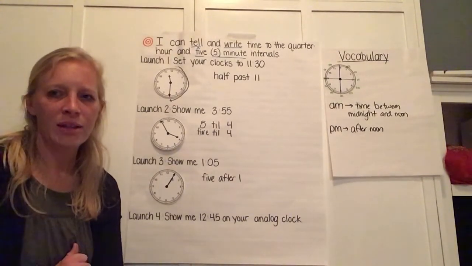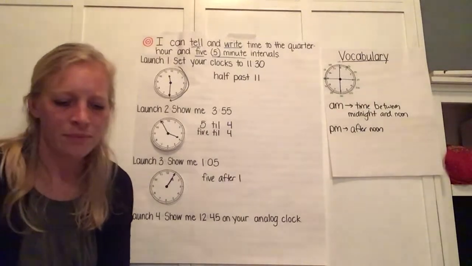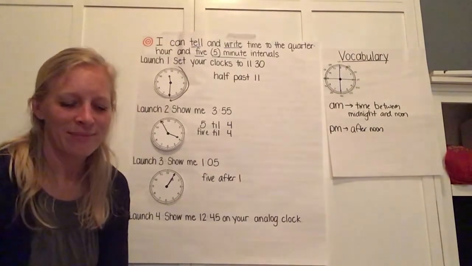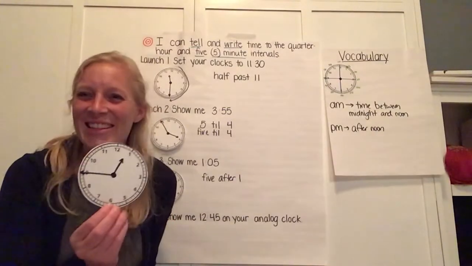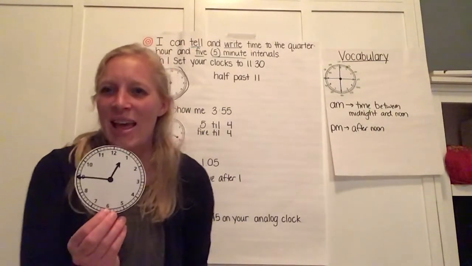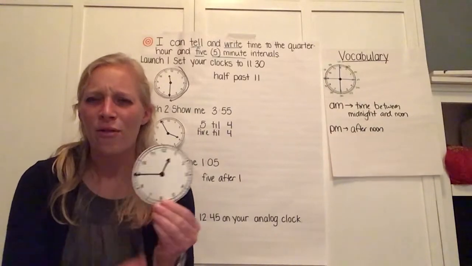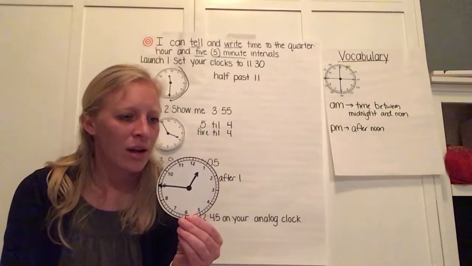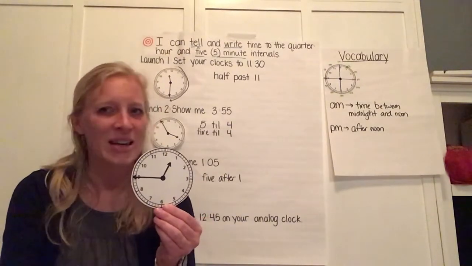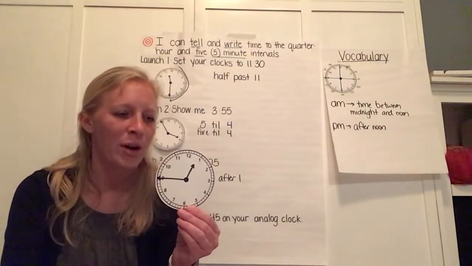Hold up your clocks in front of me. Seeing some wiggle waggles. Let's take a peek at this. How does this show 12:45? It almost looks like 1 o'clock. How is this 12:45 and not in the 1 o'clock hour?